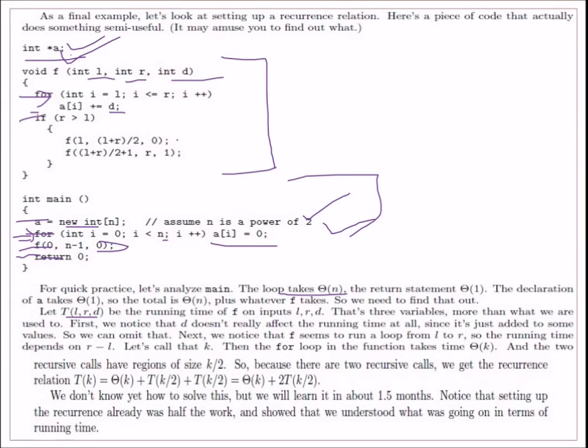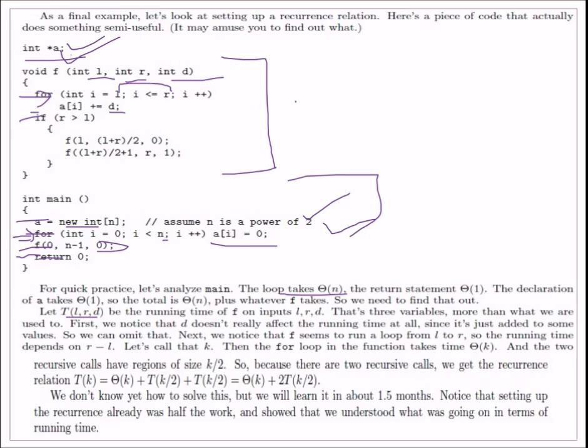And then we notice that f seems to run a loop from L to R. So the running time will depend on what?